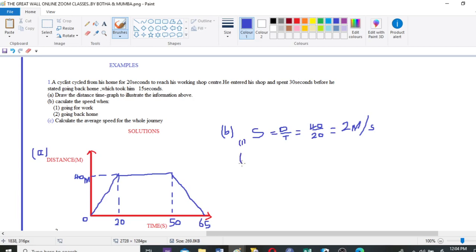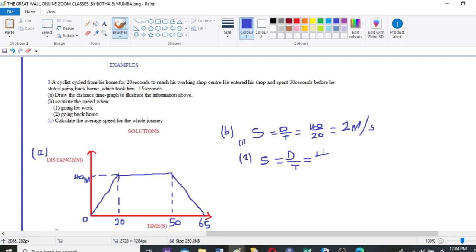We can now solve for B2. For B2, we also need the speed when this person was coming back from his workplace. So we apply the same formula. Speed is equal to distance over time. What is the distance? The distance is still the same.